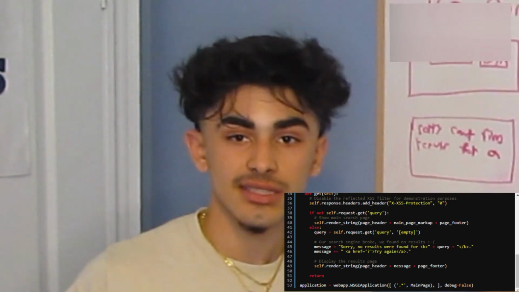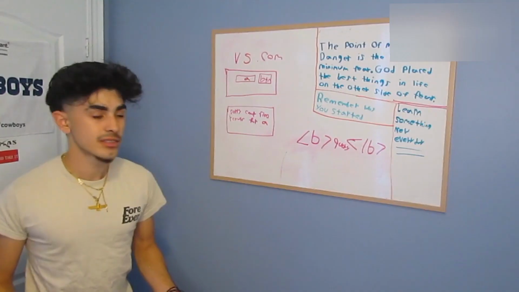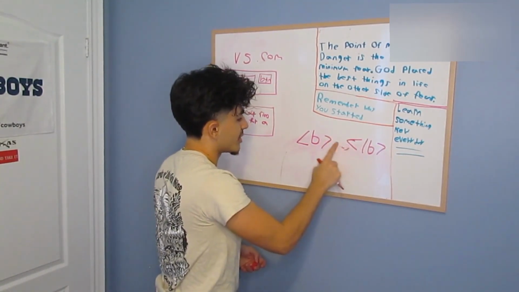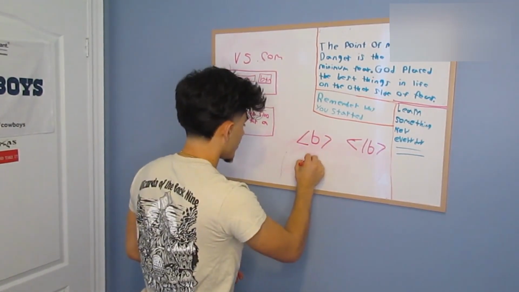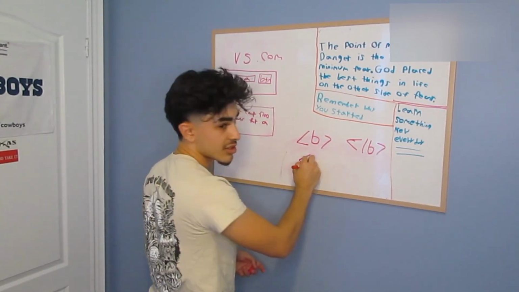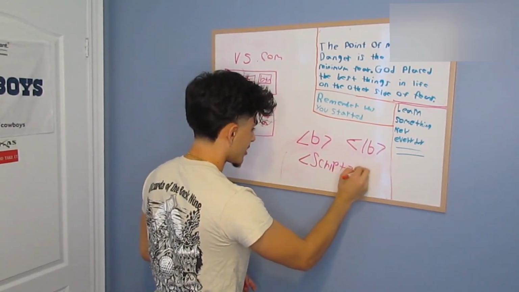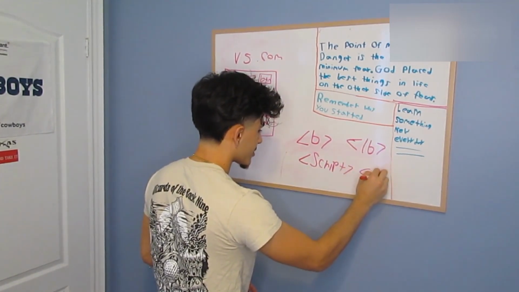Alright? So how do we make this malicious? First thing you gotta ask yourself: how can we put JavaScript in it? If you know HTML, you should know this. We surround the JavaScript by script tags. Script tags can execute JavaScript.